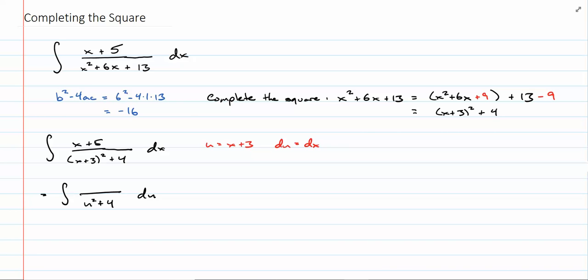And we do have to be a little careful here, like what do we do with the top? Well, with the top, this x right here is going to be u minus 3 by that same red equation there.